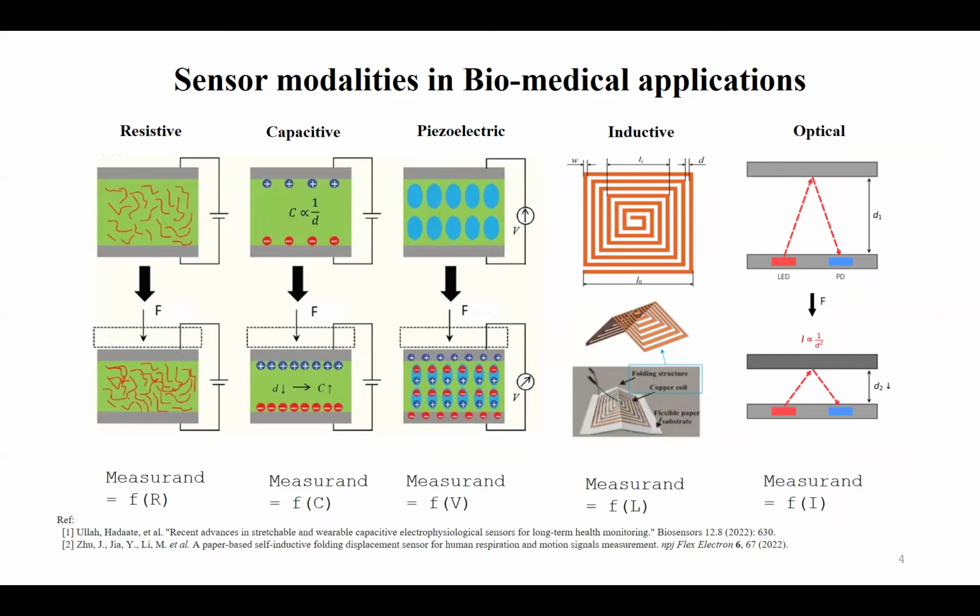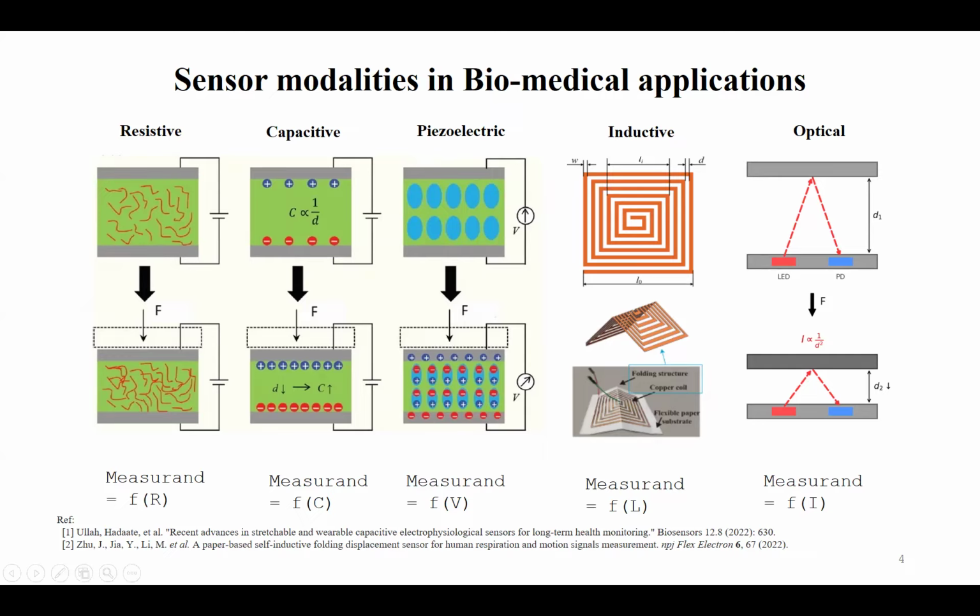Here we can see 5 different modalities of sensing: resistive, capacitive, piezoelectric, inductive, and optical. These sensor modalities are heavily used for wearable biomedical applications. Apart from this, we have semiconductor based sensors, which are also used in biomedical applications.